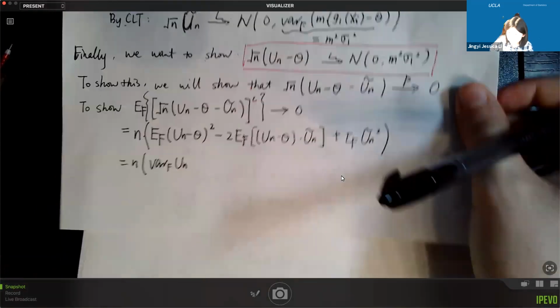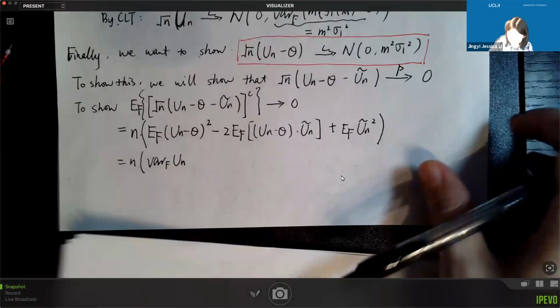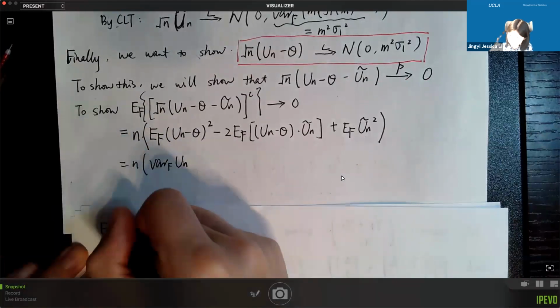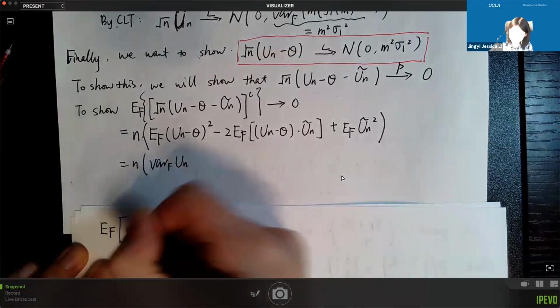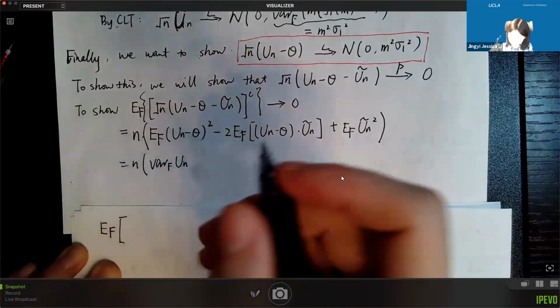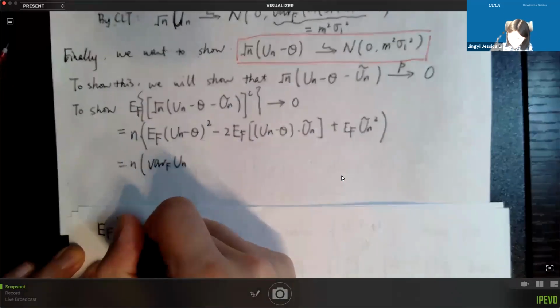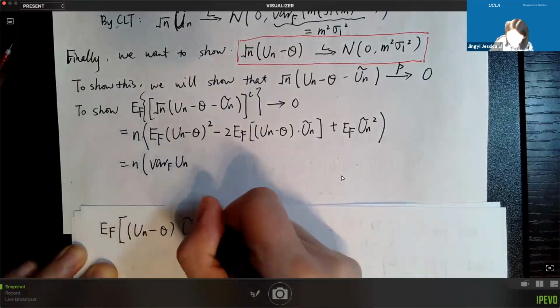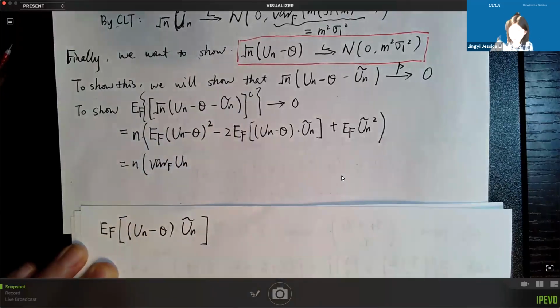For the second term, we use a new page to write it. This is also a lemma we have in the notes, but here we are talking about it in reverse order, so when you read the notes, you will see more clearly. It's the expectation of the product of Un minus theta and Un tilde.